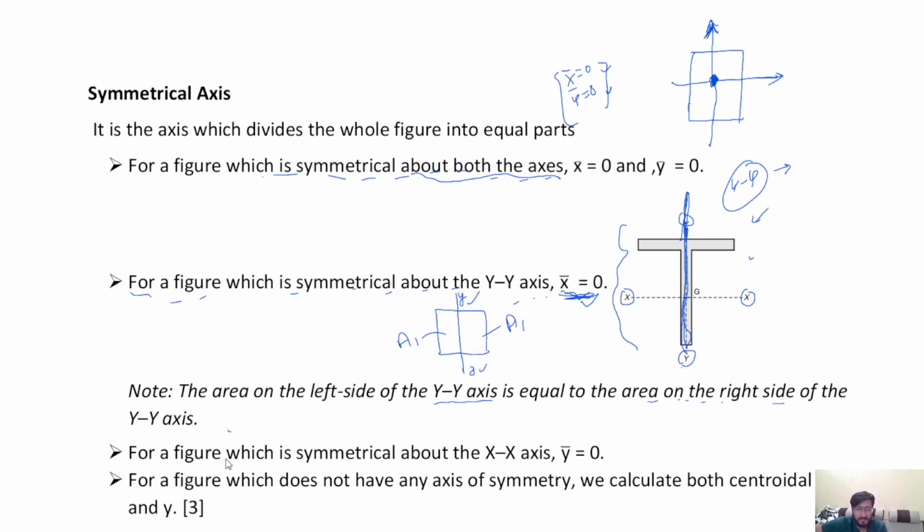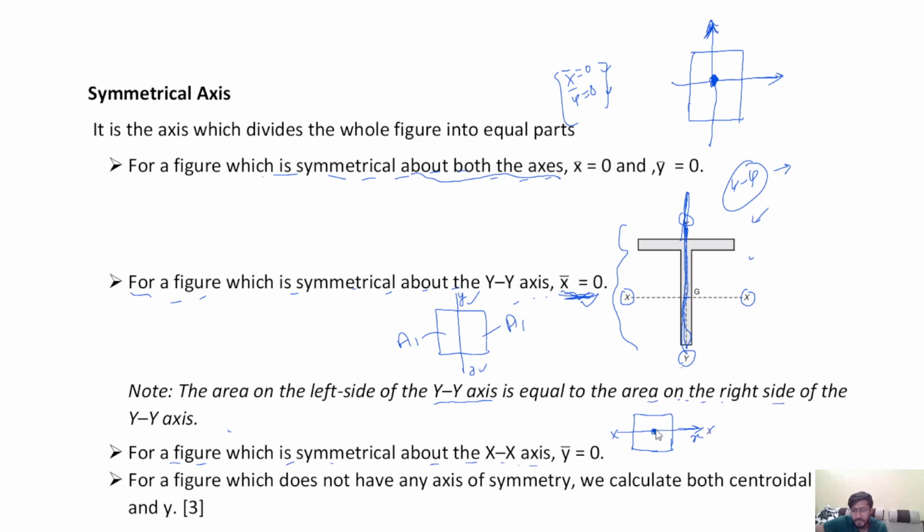In the same way, for a figure which is symmetrical about the x axis, y bar is equal to 0. That means, symmetrical about the x axis means this is the symmetrical axis and the centroid lies on this axis, so y bar is equal to 0 because the reference line is also on this x axis.